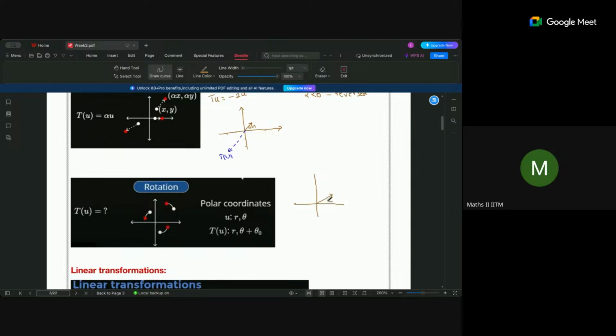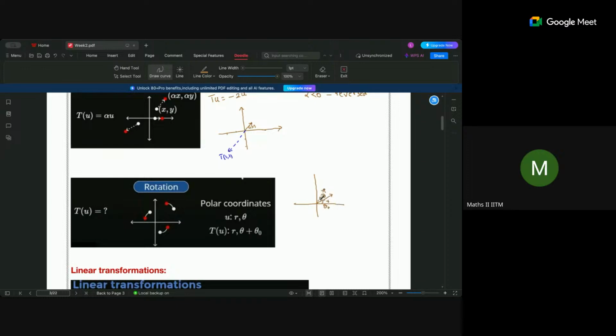Now if I rotate this vector by an angle theta, will the vector still be inside the same R2? Yes or no? If you are just rotating it, it is still in R2, right? So you are going to get some other point in R2. Now let us say the original angle it is making is theta naught. So the new vector is making an angle theta plus theta naught.